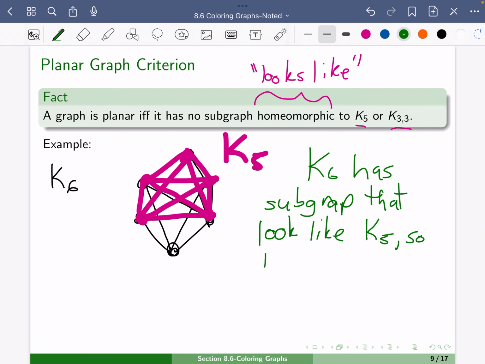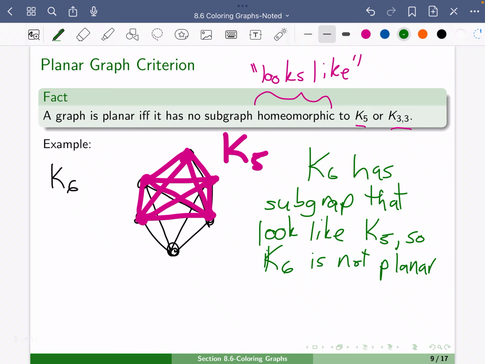So it is not planar. So K6 is not planar. Great.